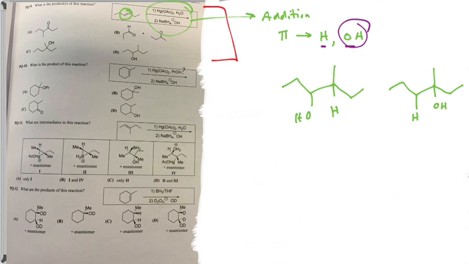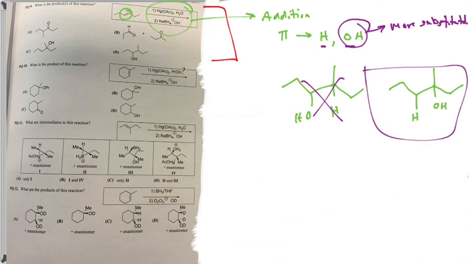If we fall back on Markovnikov, it talks about the H going to the less substituted spot, which means the OH goes to the more substituted spot, which then means that's wrong, that's right. I have my answer.